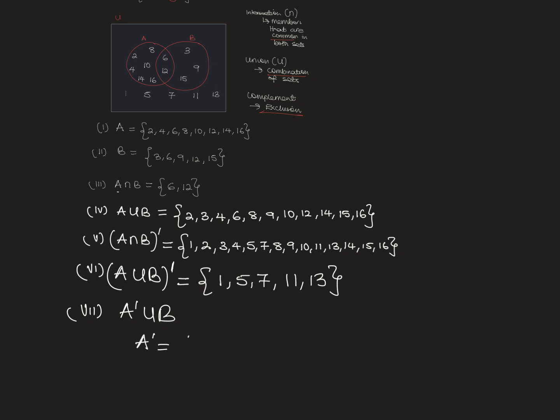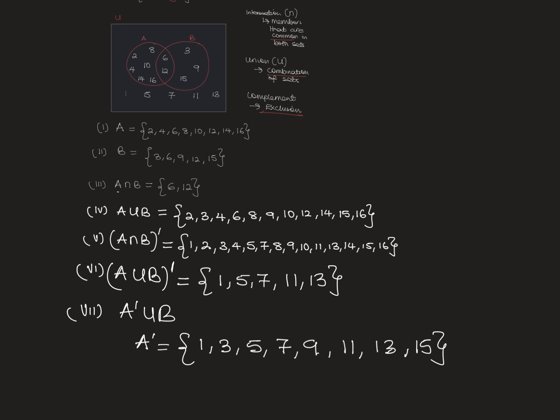A complement means members that are not found in A, but are found in the rest of the universal set. So A complement will be 1, 3, 5, 7, 9, 11, 13, and 15.